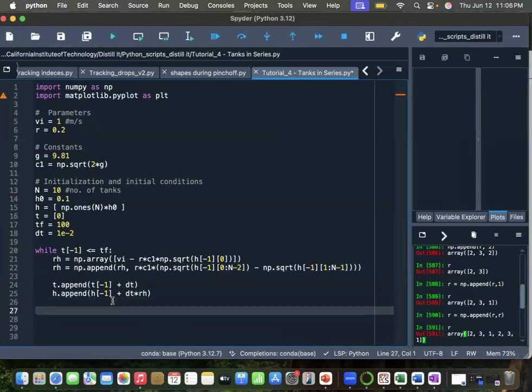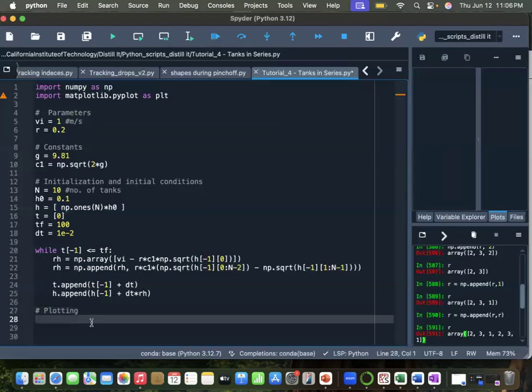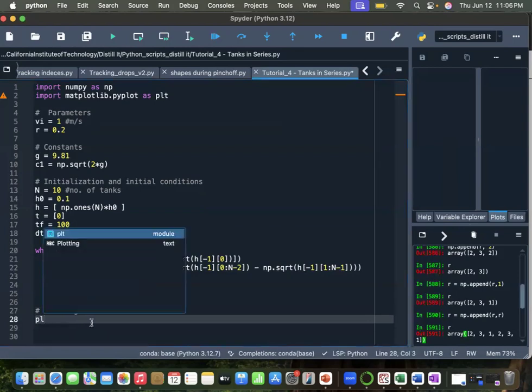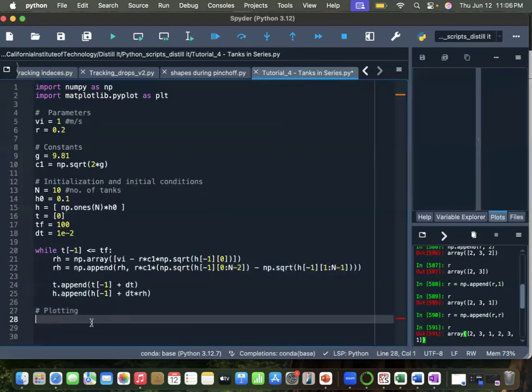And once again, for plotting, we would start by going over all the plots.